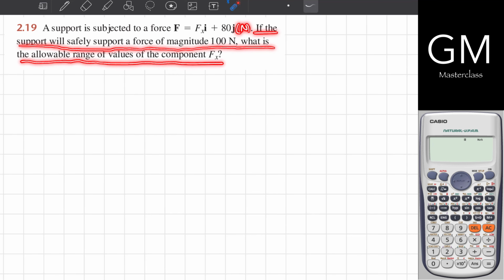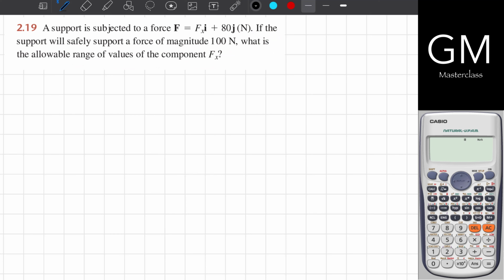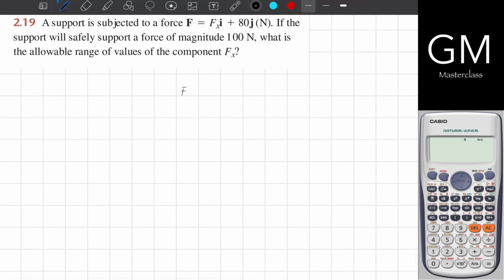Well, what the exercise is telling me is that the support is capable of supporting a force of magnitude 100 safely. That means that if F is bigger than 100, then this is not going to be safe.